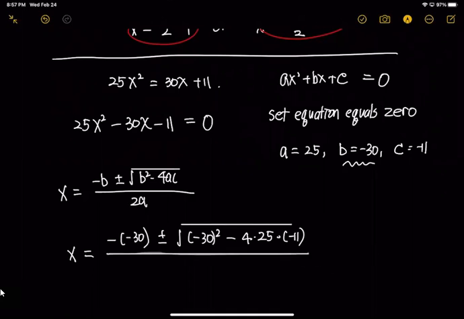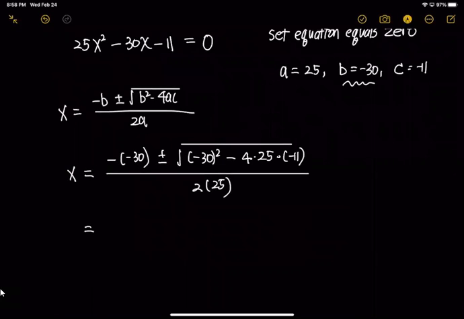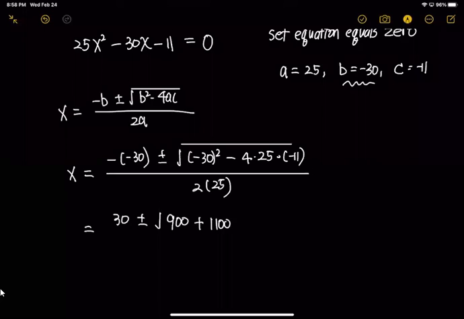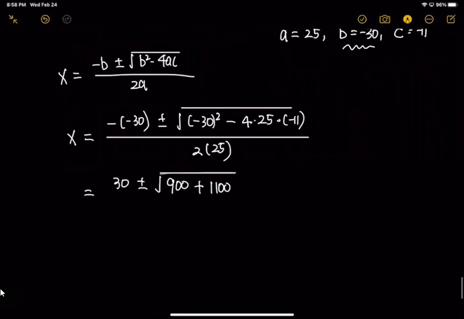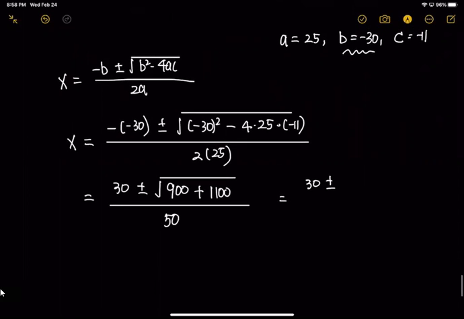The negative sign is really important because it can change the result totally. Okay, so I have 30, positive and negative square root of 900 minus, oh, plus 1100, all over 50. Well, let's simplify it. I have 30 positive and negative square root of 2000 over 50.